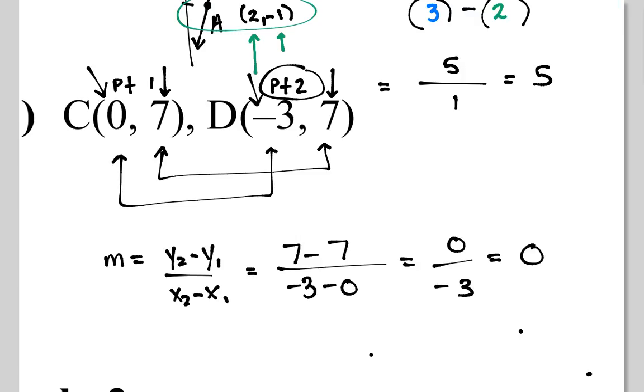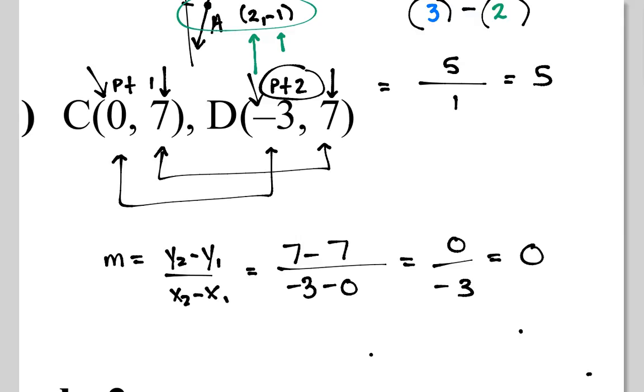I want you to think about why this slope would be 0. Like, for the y you started at 7, and then this next one is 7. What would that look like? A horizontal line. This one is 0, 7. And this one is, oh, it's the other way. This one's negative 3, 7. So while the x changed, the y did not.